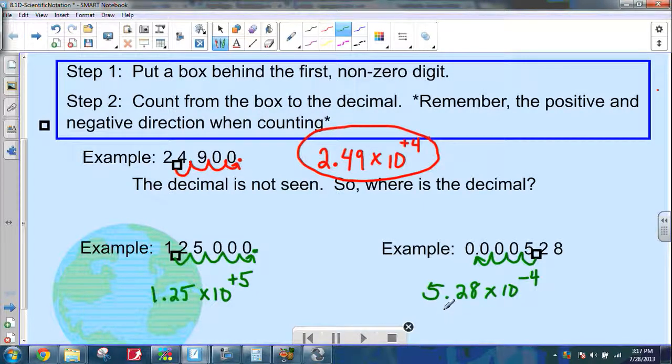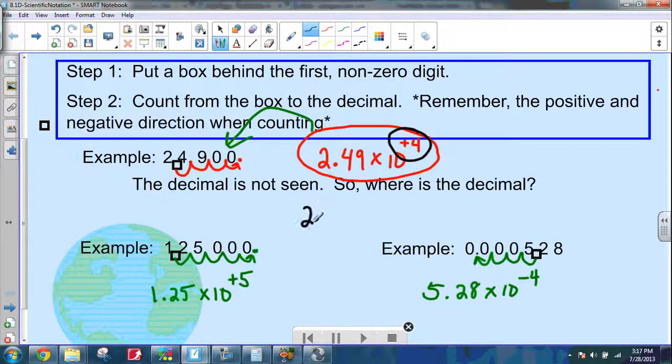Now, what if we had these scientific notation answers, but we wanted to go back to the standard notation? Well, remember, your exponent tells you how to move the decimal. So if you want the standard notation, you have to move this decimal in the positive 4 direction.